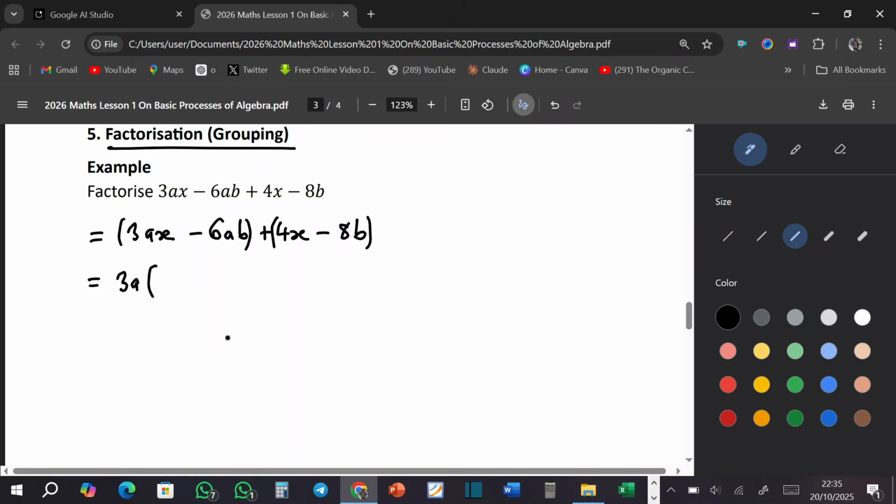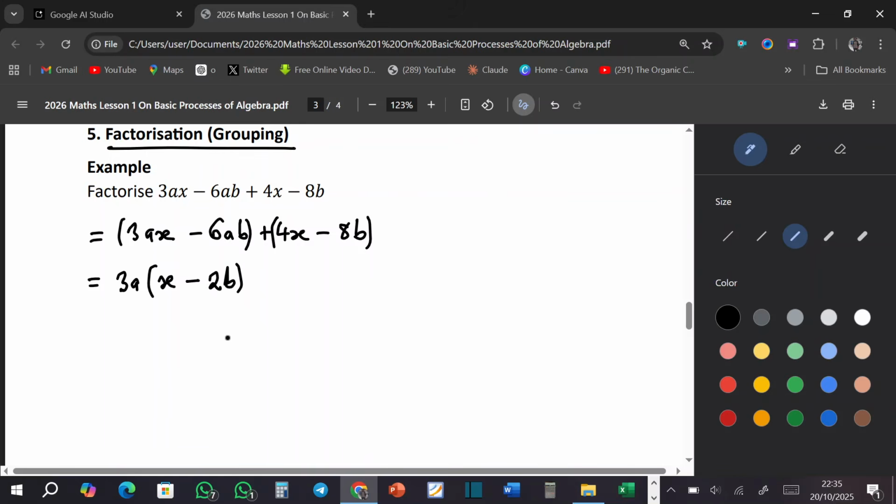So then you open brackets. Once 3 is out and a is out, we are remaining with x, so say x there, put minus. Then 3 is out from 6 there, so what we are remaining with is 2 there, because 3 times 2 should give us 6. Then a is already out, what we are remaining with is b.